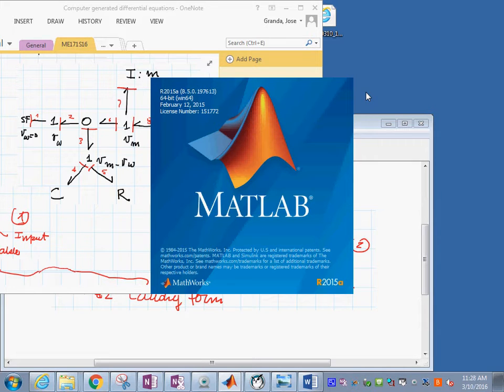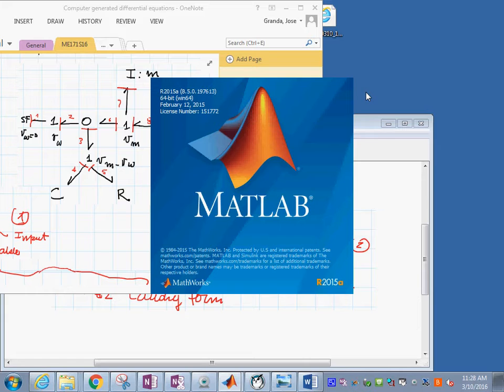CAMG is going to extract all the information from our bond graph model and produce an actual usable model in MATLAB, so that we can actually perform simulations.